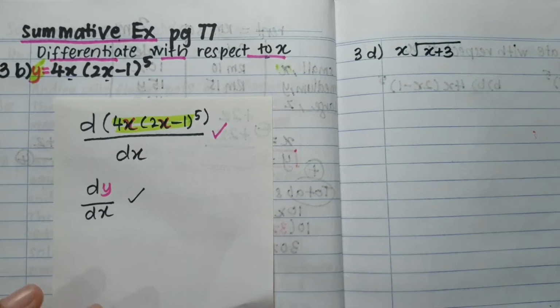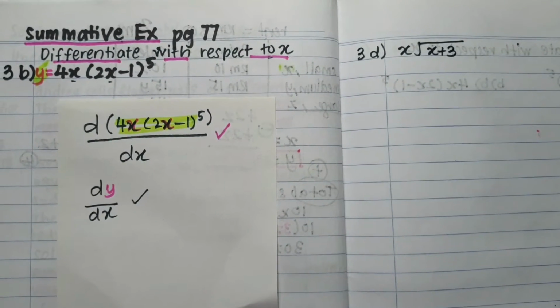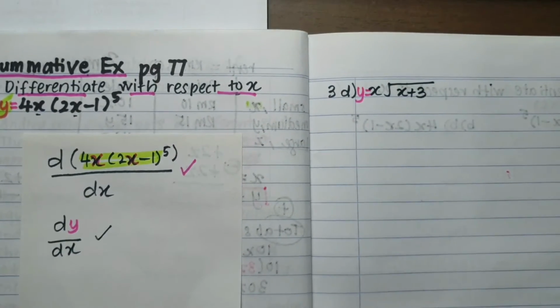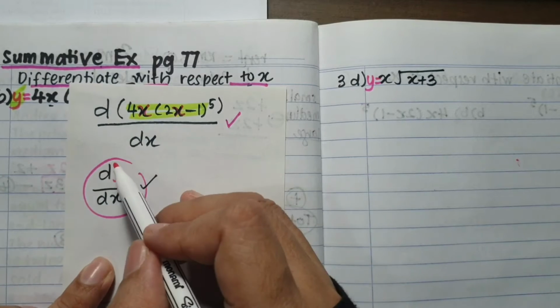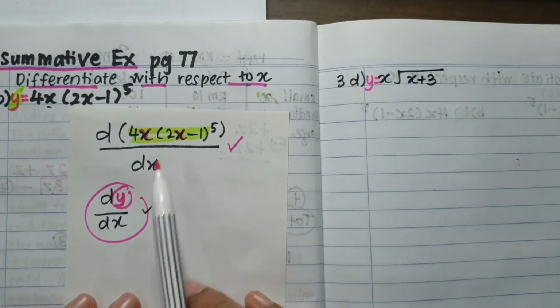Okay, so for this question, dia tak bagi subjek, so saya nak letak letter y as the subject for both question A and B. So I nak guna notation dy by dx because now the subject of the function is y.